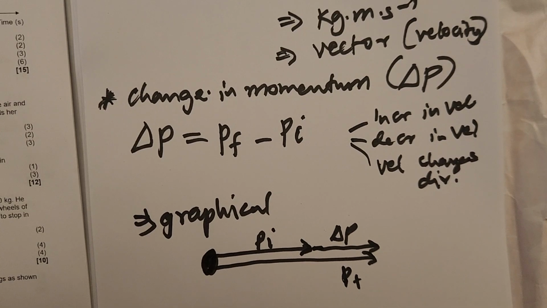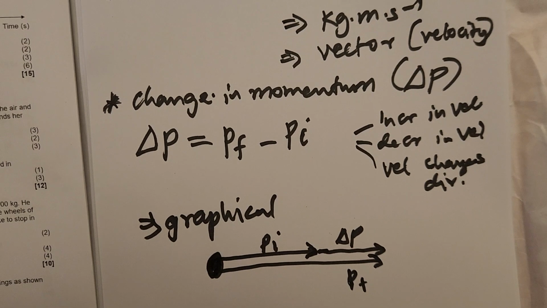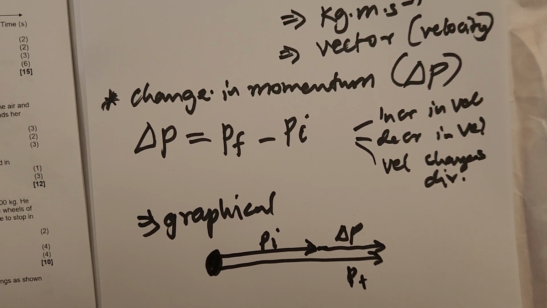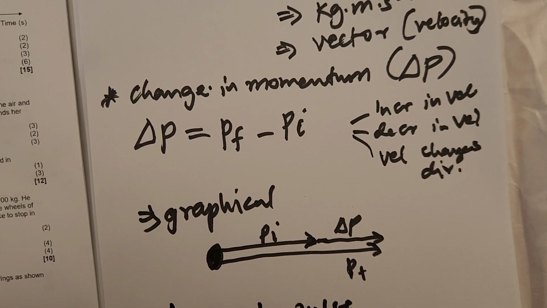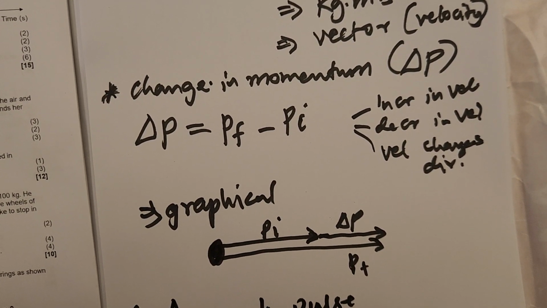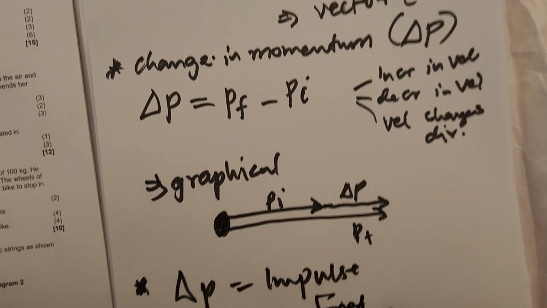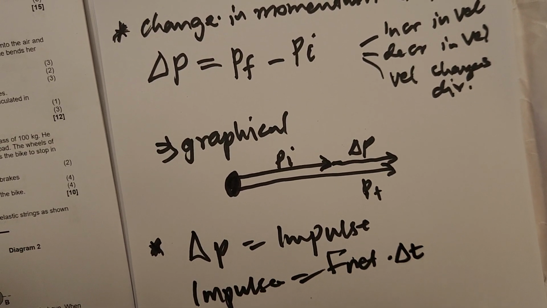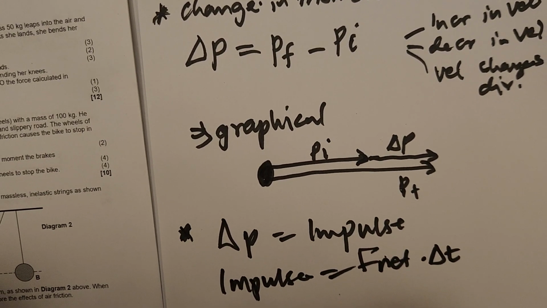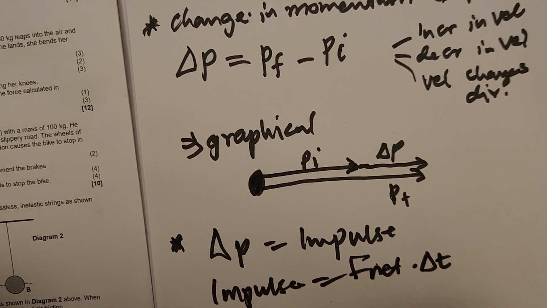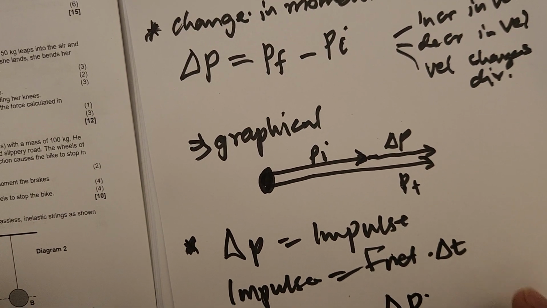Again, we also learned that a change in momentum can be the same as impulse. That's where we came up with the formula that impulse will be F net delta t. Now, if impulse is F net delta t, it means that F net delta t will be the same as delta P. Very important relationship.